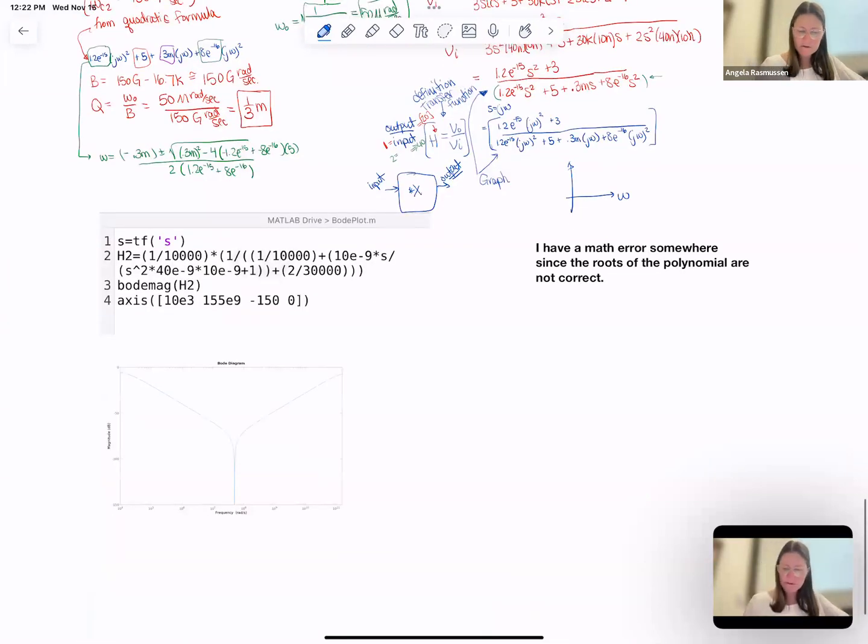So you need what's called a control toolbox.